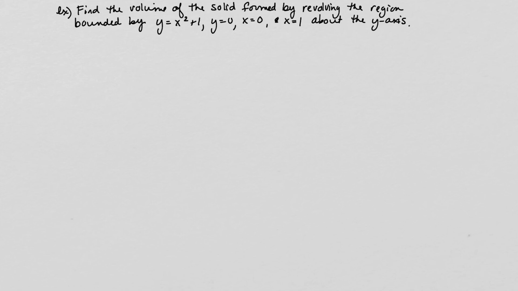So this problem might sound familiar, and it's because this is the same one we did at the second washer example, where we had to split it because the bottom was solid and the top wasn't. So here's that same one. We had x equals 0, y equals 0, and x equals 1.